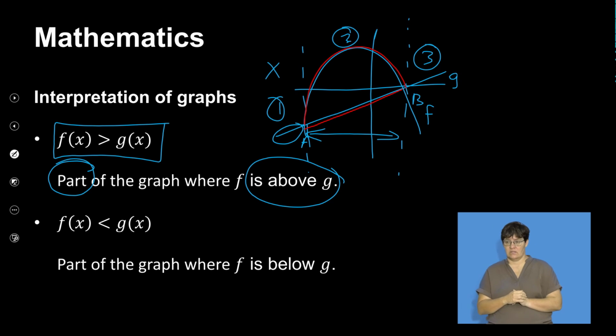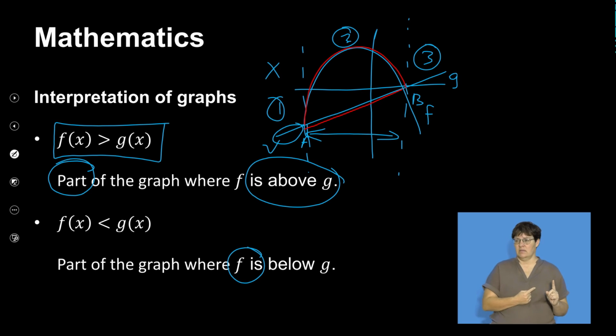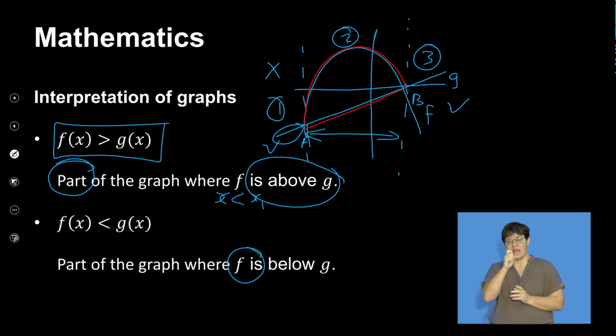But when it's the opposite, where f is less than g, it simply means that it's where the graph of f is below the graph of g. So with our segments here, if you remember, it will be in the first segment and in the third segment, right? So to write these solutions, for the first one, my solution will be x must be between the x value of B and the x value of A, right?